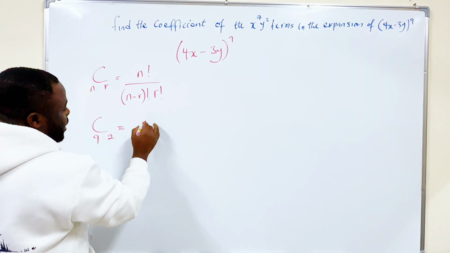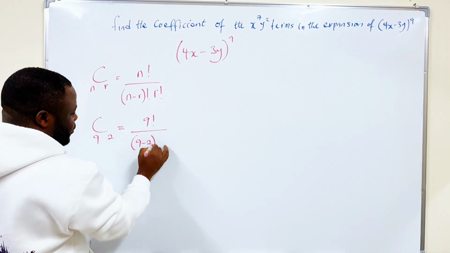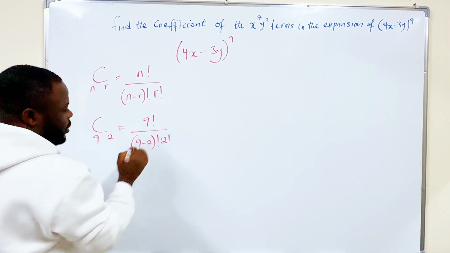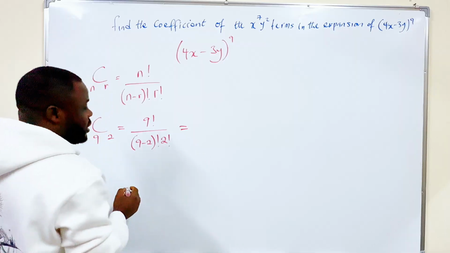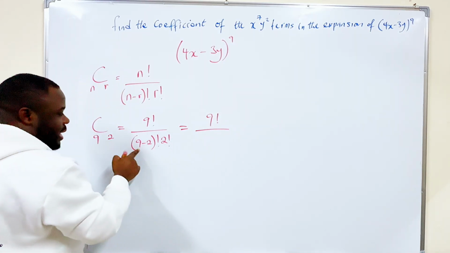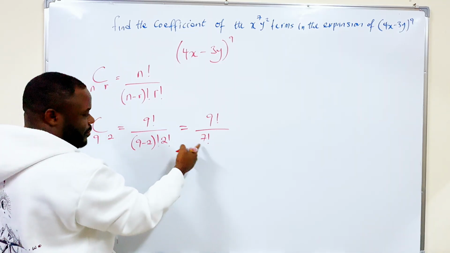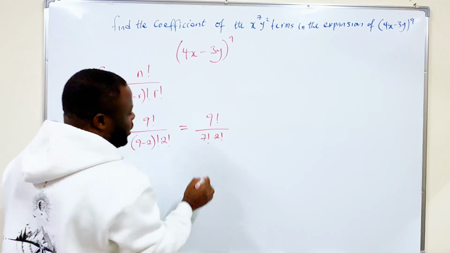So we have 9 factorial over 9 minus 2 factorial, then 2 factorial. 9 minus 2 is going to give you 7. So 9 factorial over 7 factorial, then 2 factorial.